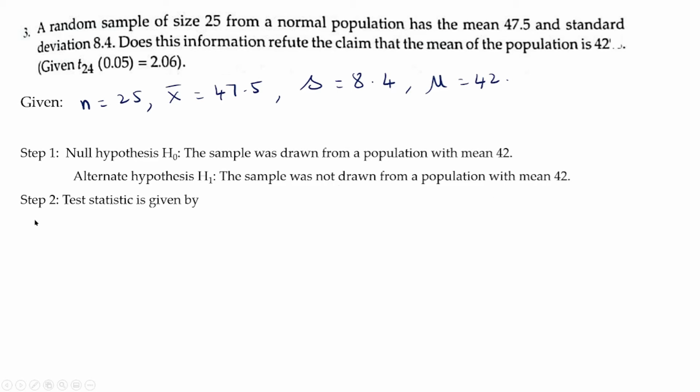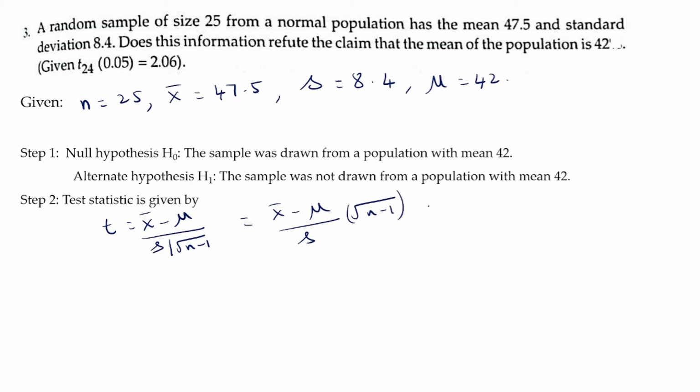The next step, step 2, the test statistic is given by t equal to x bar minus mu upon s by root of n minus 1, or it is x bar minus mu upon s into root of n minus 1. Now x bar we know it is 47.5, mu is 42 it is given and s is given as 8.4.